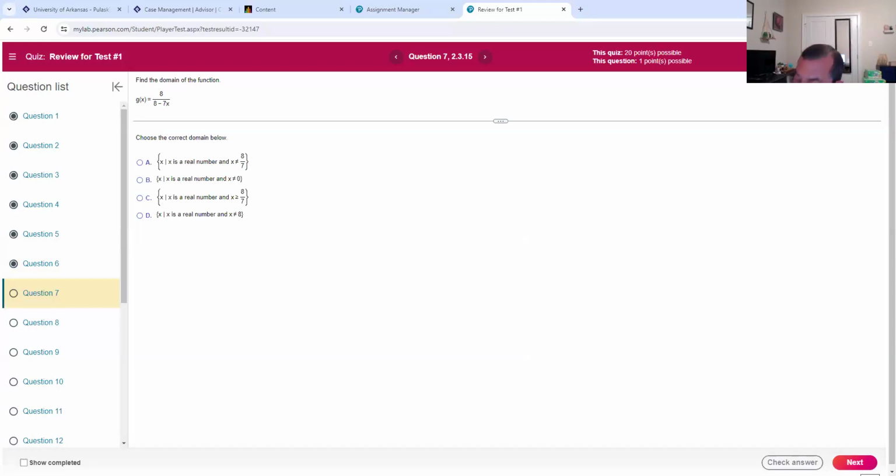All right, y'all, let me write this one down. 7 says g of x equals 8 divided by 8 minus 7x. So they want us to find a domain, and look, they got all the answers in set builder notation.